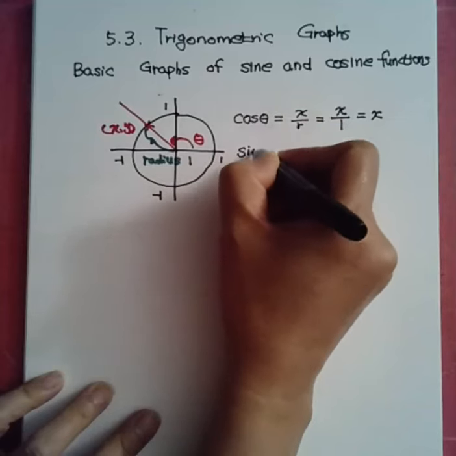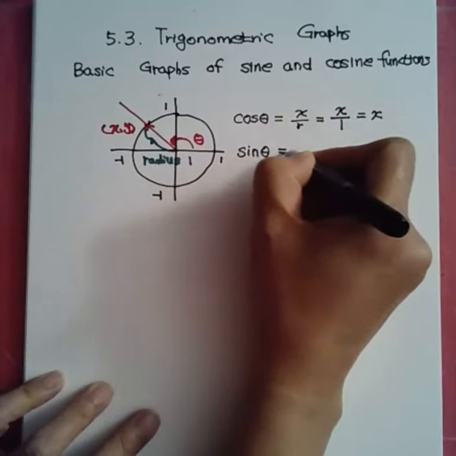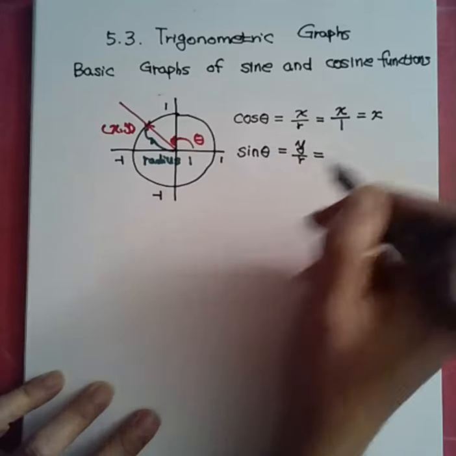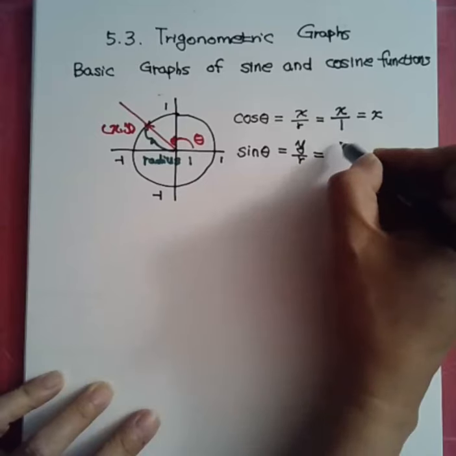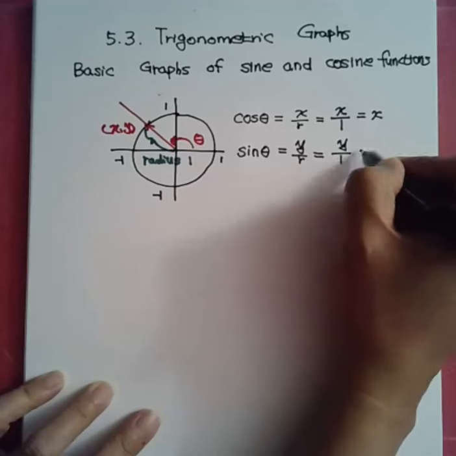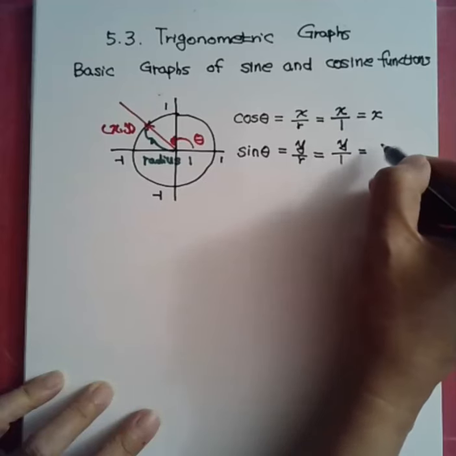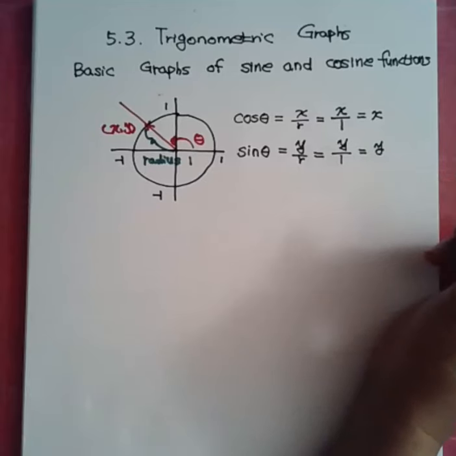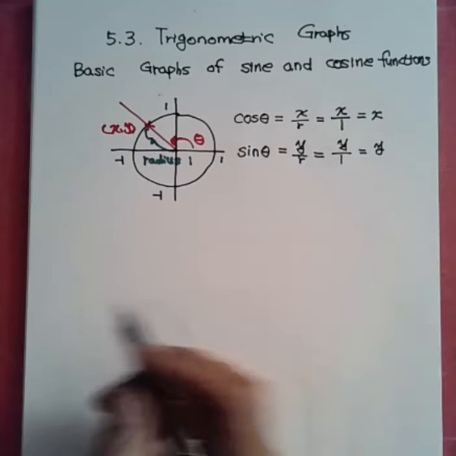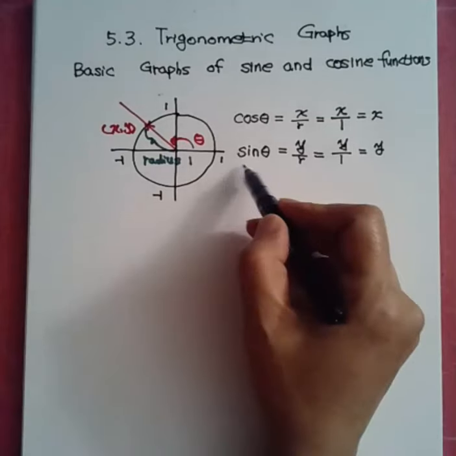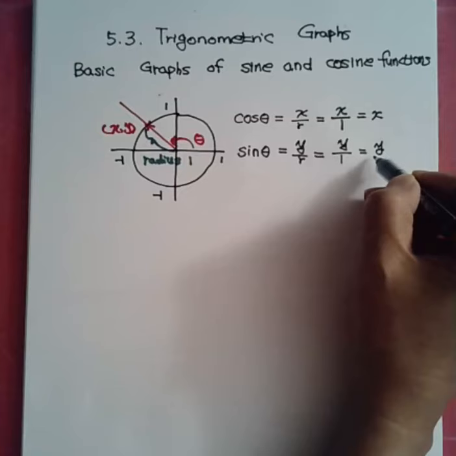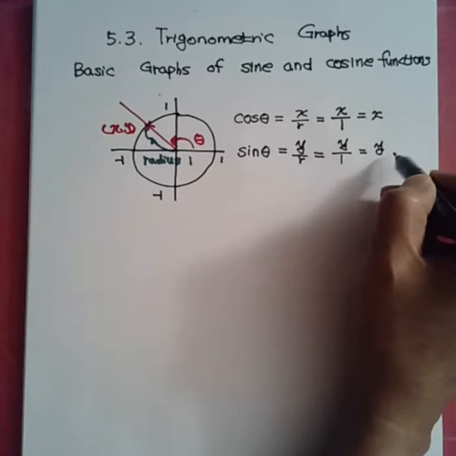Let's consider sine of theta. Sine of theta is y over r. Again, the radius is 1, so the denominator becomes 1. So the fraction can be reduced to y. Again, the sine of theta is identifiable with the y coordinate on the unit circle.